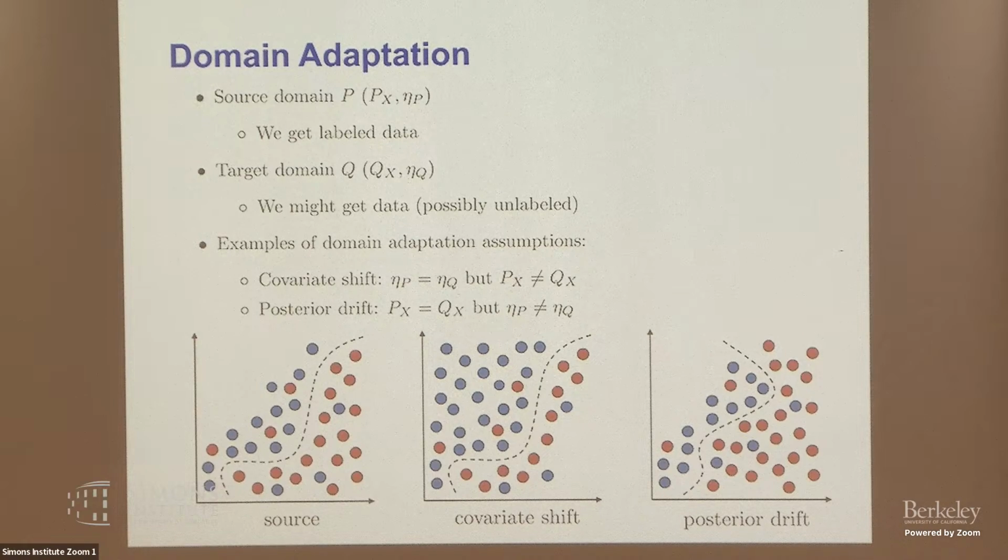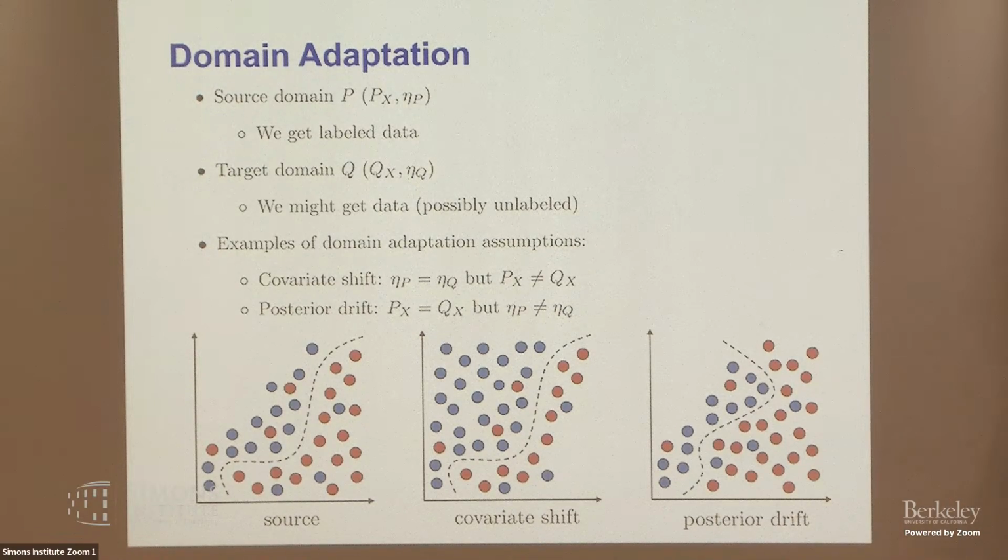This is the same setup we had in the previous talk, except I'm swapping my notation for P and Q. I'm using P for the source and Q for the target. So in a domain adaptation problem, you've got a joint distribution P, and that's got its X marginal, and it's got a posterior eta P. And we get labeled data from this distribution.